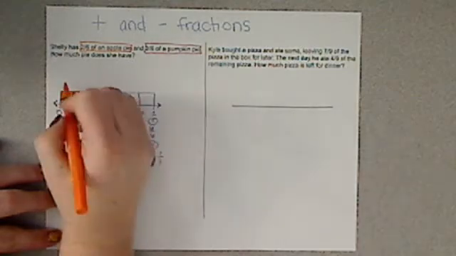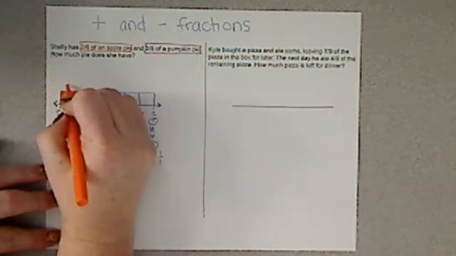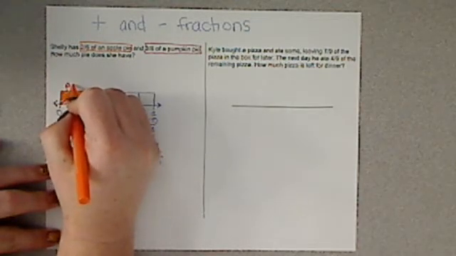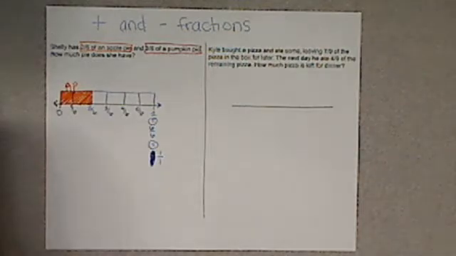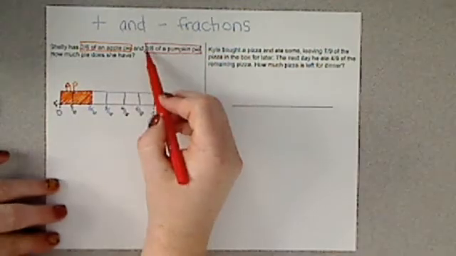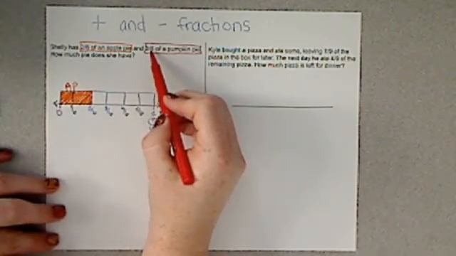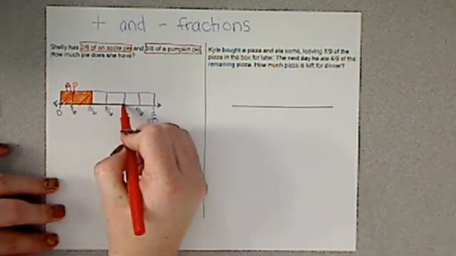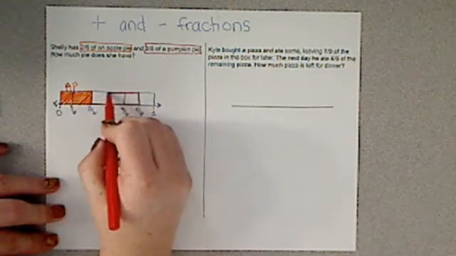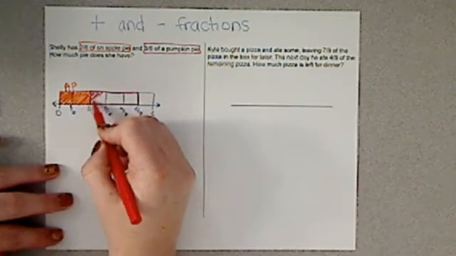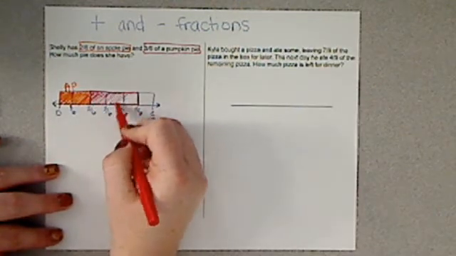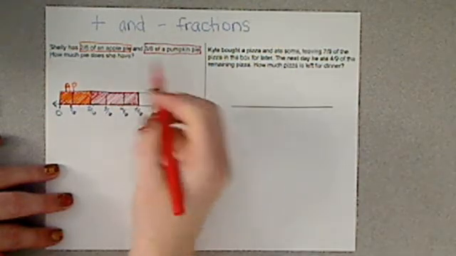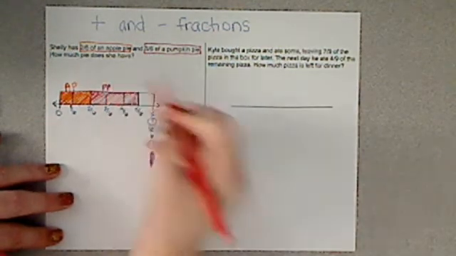And I'm going to label them as AP for apple pie. And then I have 3 pieces out of 6 that are pumpkin pie. So this is 1, 2, 3 pieces that I'm going to shade in that are pumpkin pie.